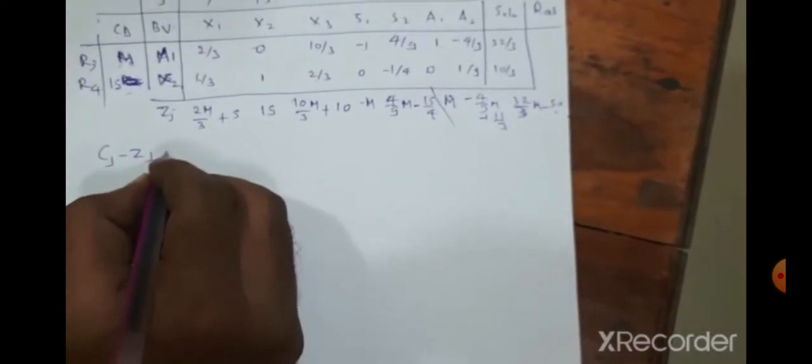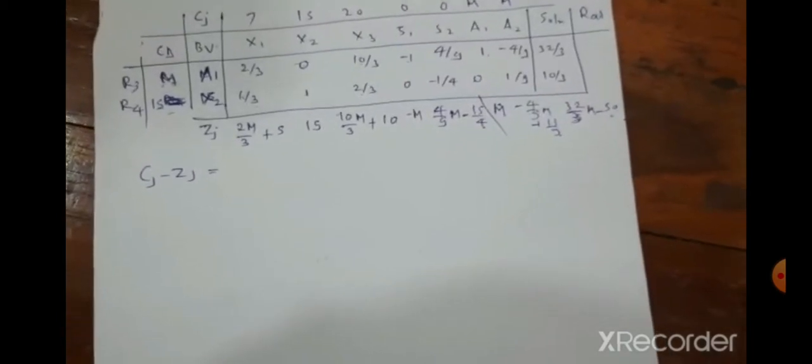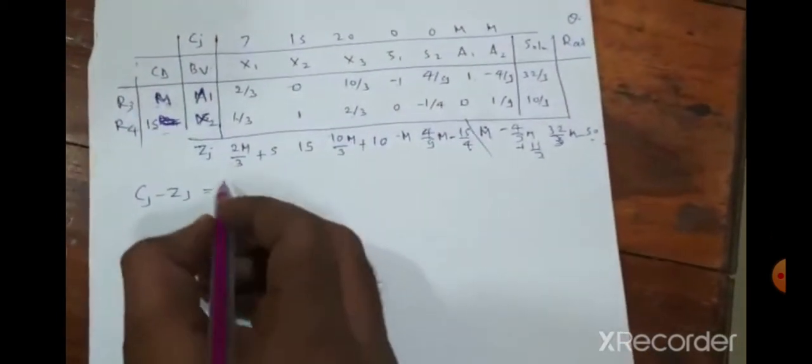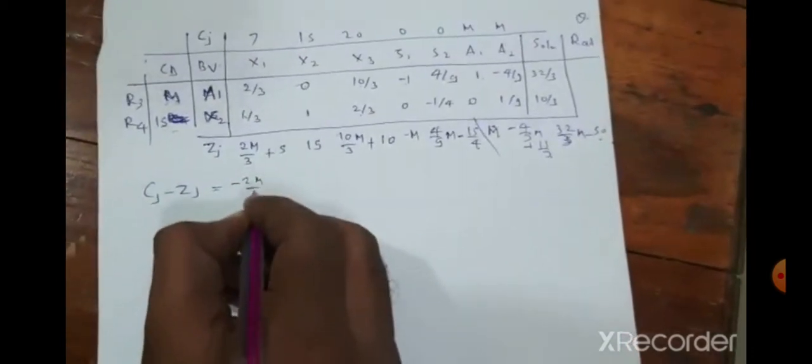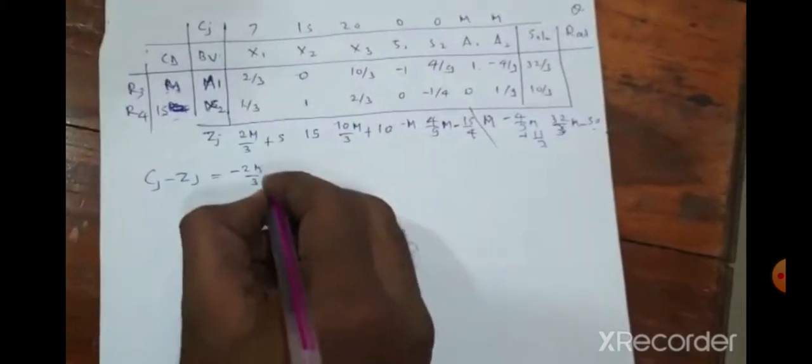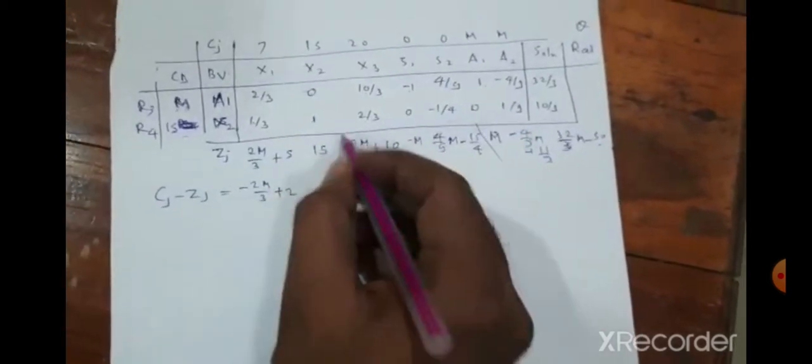Now you find out Cj minus Zj value. You subtract. So Cj value is 7 minus 2M by 3 minus 5. You subtract 5 from 7, that is 2. You cannot subtract the M value, but you can subtract the 5 value.